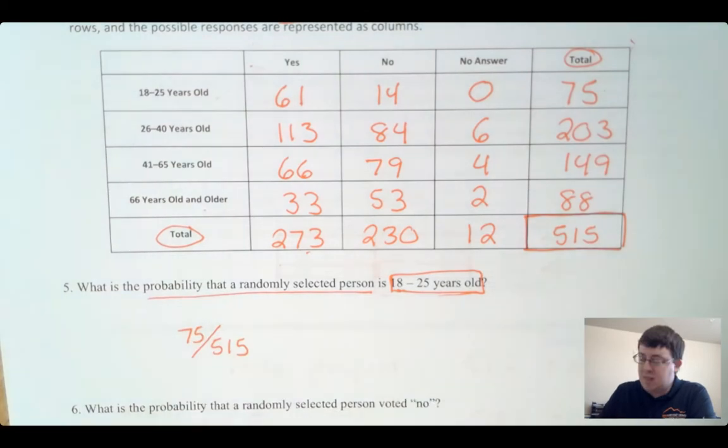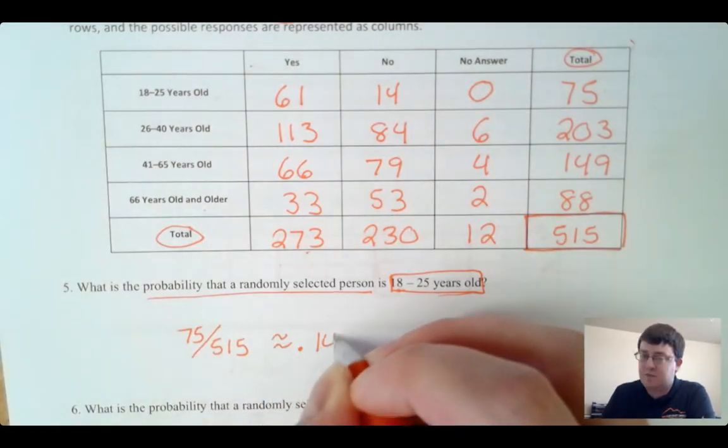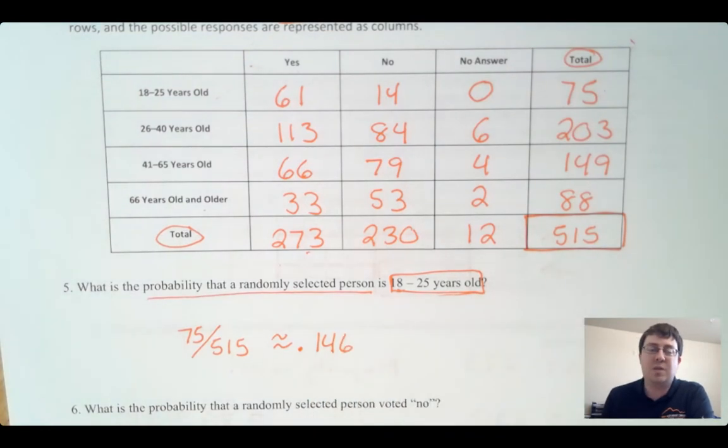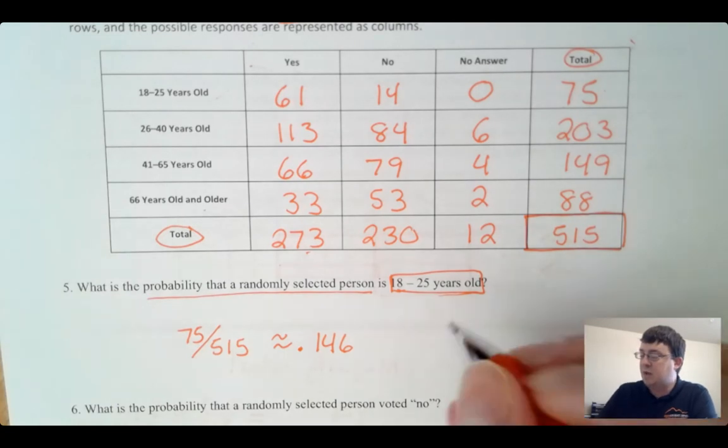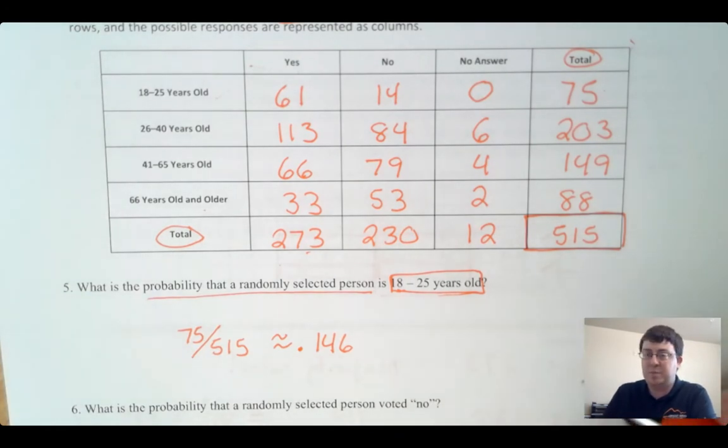So I can leave it like that, or if I want to turn it into a decimal, it's about 0.146 if I round. Round to 3 decimals always here. So 0.146, or about 14.6%. There's a 14.6% chance that I would pick an 18 to 25-year-old if I was just randomly choosing someone.